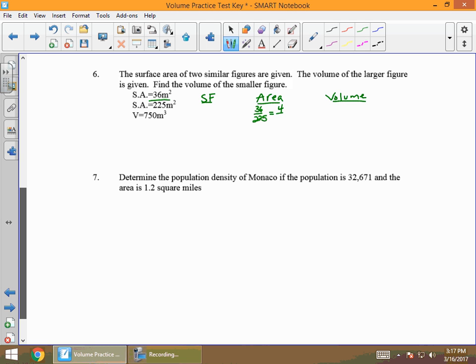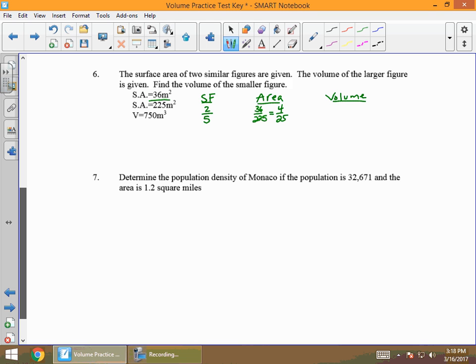Well, if I'm going backwards from area, which I know are units squared, to get back from area to scale factor and get rid of the squares, I would square root. The square root of 4 is 2, and the square root of 25 is 5. So that means the length of the sides of this figure would be in a 2 to 5 ratio. The areas would be in a 4 to 25 ratio.